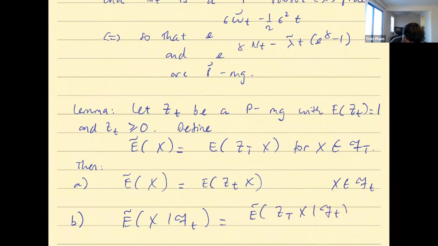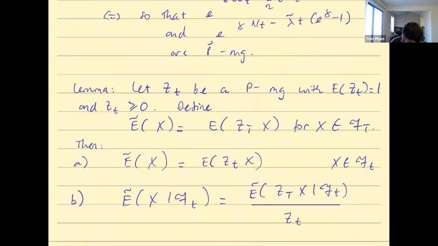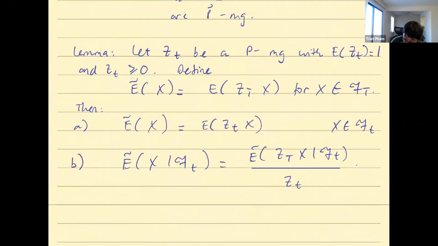Is conditional expectation under the old one divided by this. So this we have used so many times without ever saying why it's true. Now we will state it. And C is the most relevant one to us for this particular result, that you have a process.